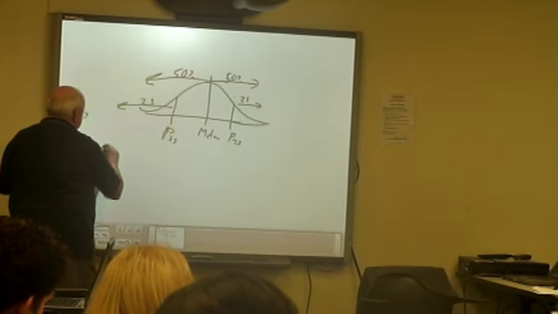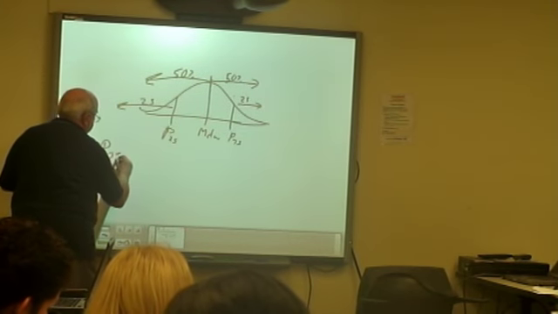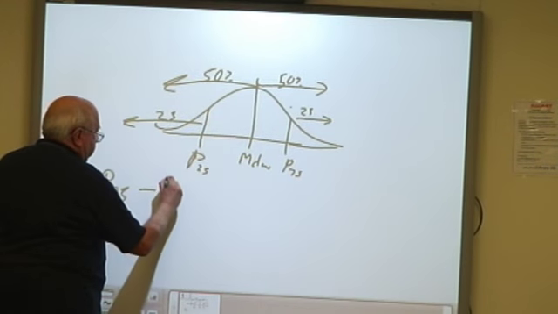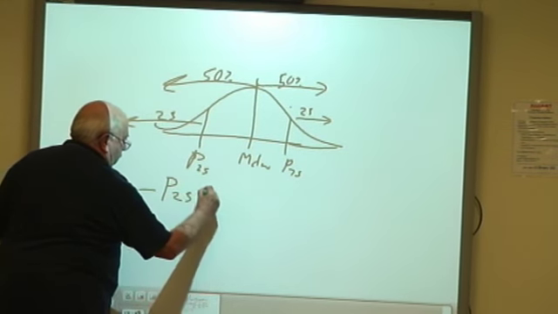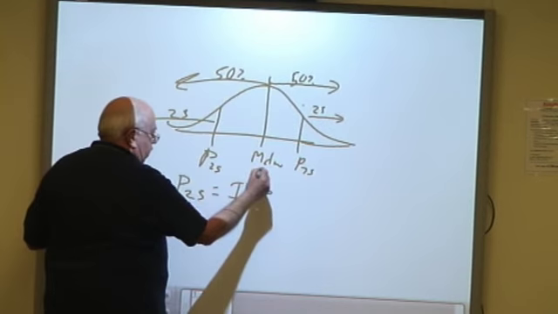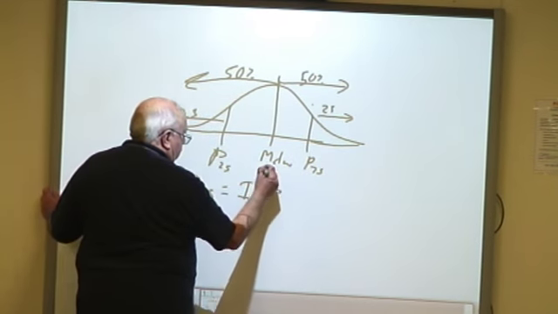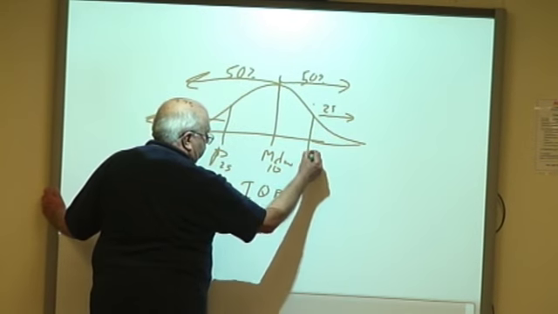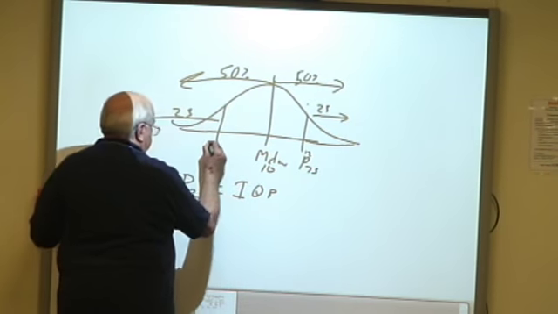If I subtract P75 minus P25, I have what's called the IQR. So let's say the median is a score of 10. This is a score of 12. This is a score of 8.